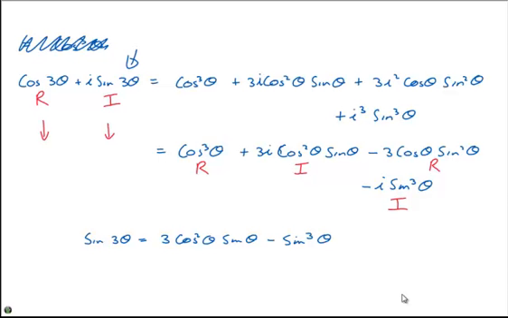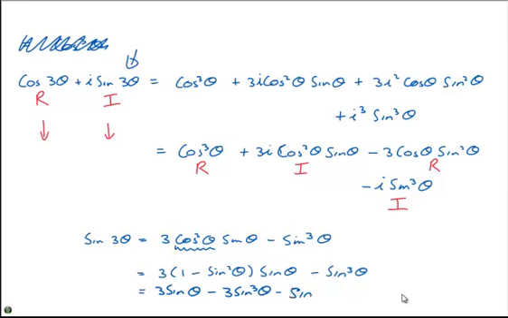If you go back and have a look at what you're actually asked to do, you'll notice that you're asked to express sine 3 theta and everything on the right hand side was sines of some sort. So I'm going to take this bit here, and I'm going to say, well, that's 3, 1 minus sine squared, and that's what you were asked to do, I think.